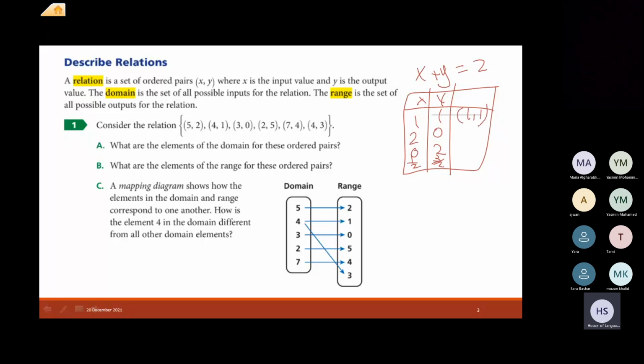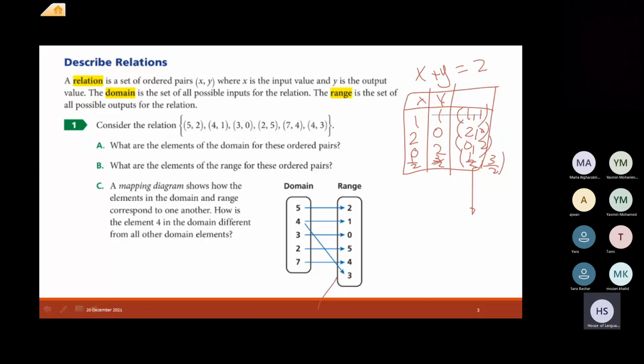Now these numbers, what are they? Ordered pairs: (1, 1), (2, 0), (0, 2), (1/2, 3/2).